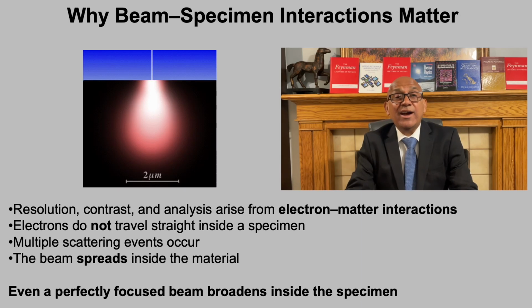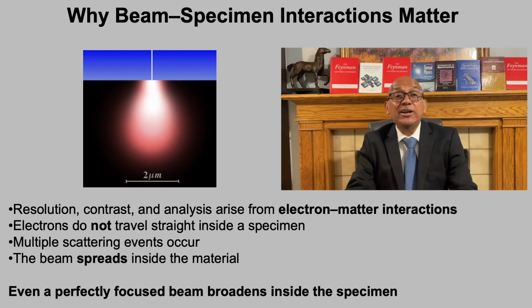To understand why beam-specimen interactions matter, we need to shift perspective. Once electrons leave the objective lens, the microscope no longer controls them. From that point on, the physics of electron-matter interaction takes over. Inside a solid, electrons do not travel in straight lines.